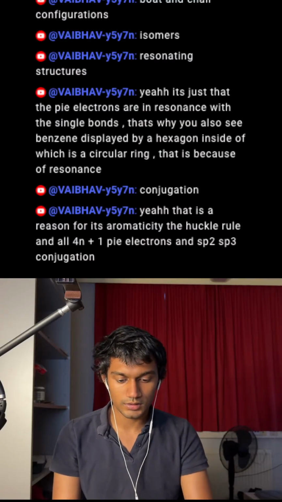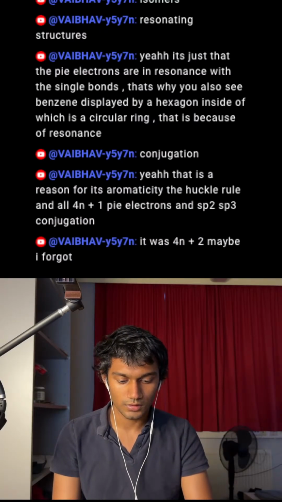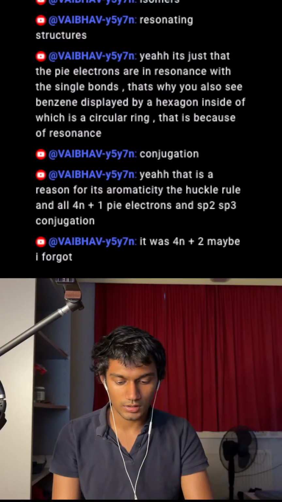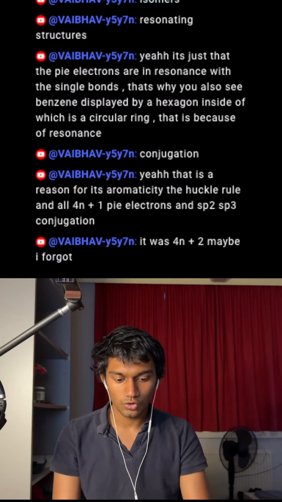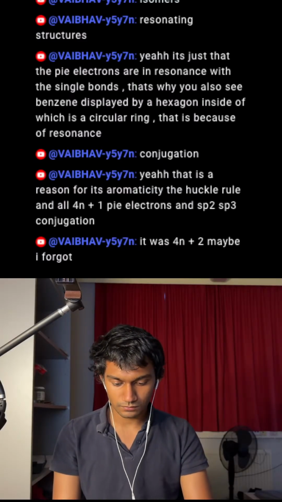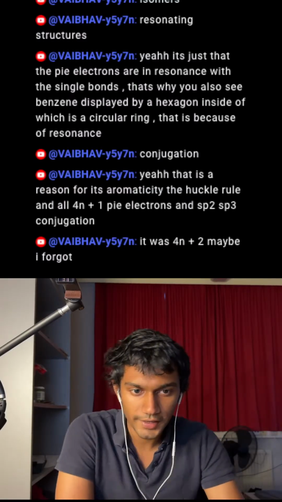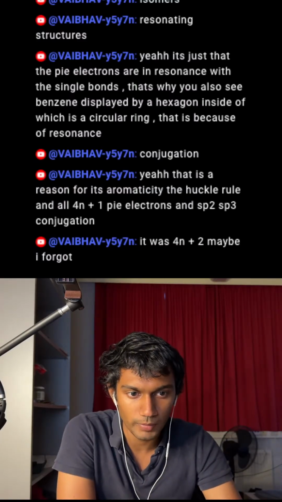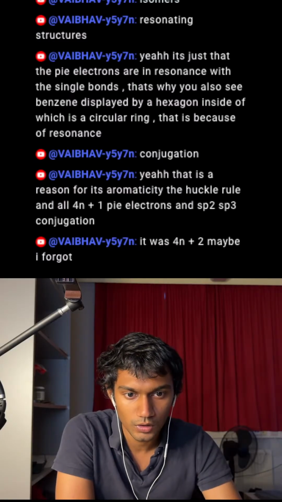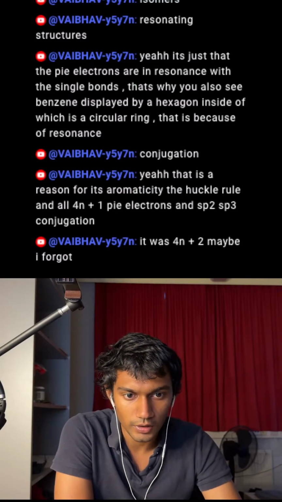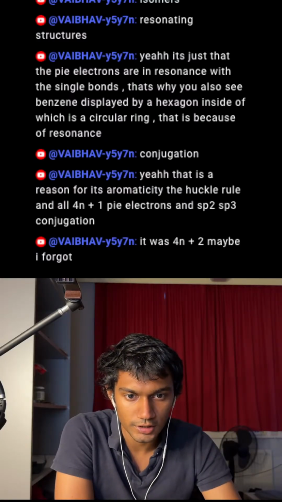How is the nucleophile going to attack? That is the reason for its aromaticity and Huckel's rule, 4n plus 2 pi electrons, and sp2, sp3, conjugation.